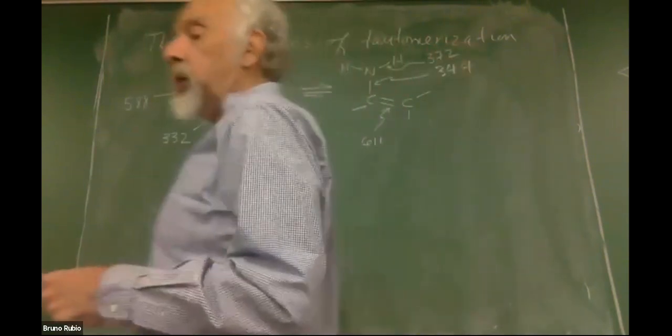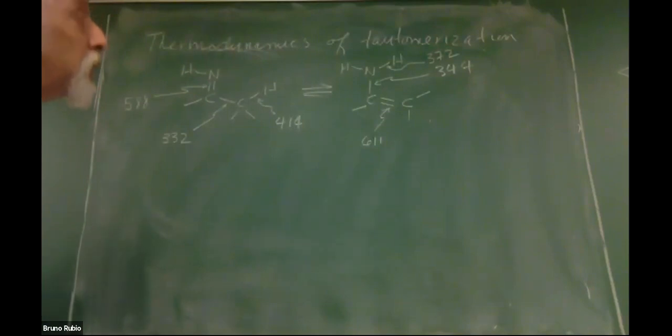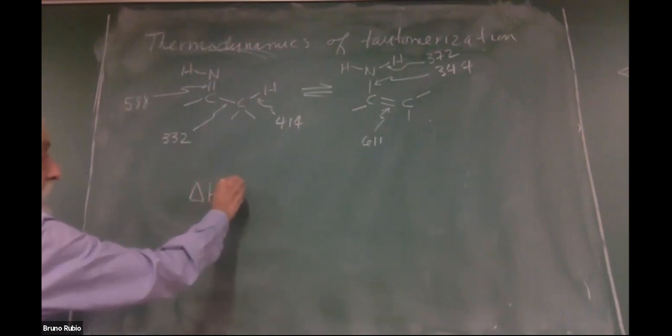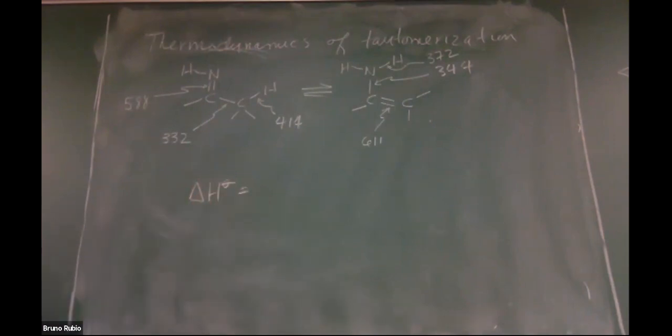Okay, so now I would like for you to get out your calculator and tell me what is the delta H of this transformation. Sum the bonds formed, sum the bonds broken. The delta H is going to be bonds broken minus bonds formed.